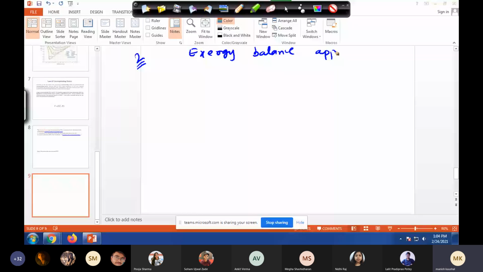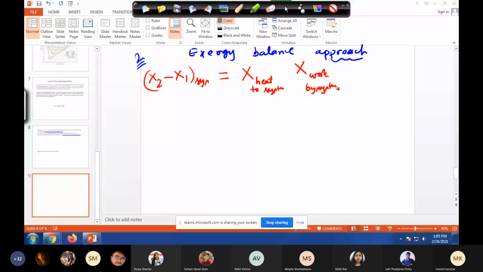If you remember, if not, then you can refer to the lecture. X2 minus X1 of the system, that is delta X, is equal to X due to heat to system, minus X due to work by system, minus X destroyed. Can we do it through this? If we can find part D, X destroyed, through this path.